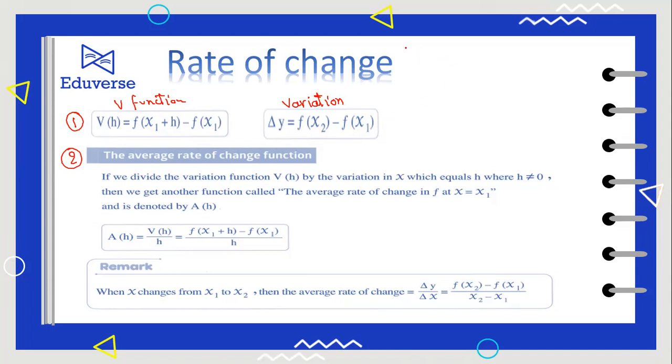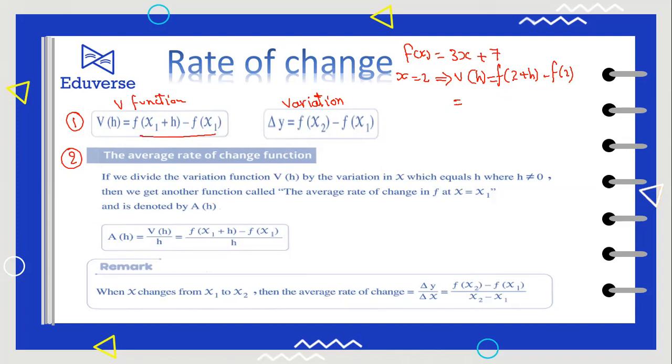Okay? For example, if the function f of x equals 3x plus 7, I want to find the variation function of f of x when x equals 2. To find it, it must be f of 2 plus h minus f of 2, using the rule x1 plus h minus f of x1.